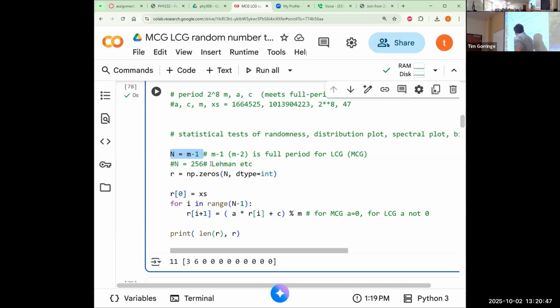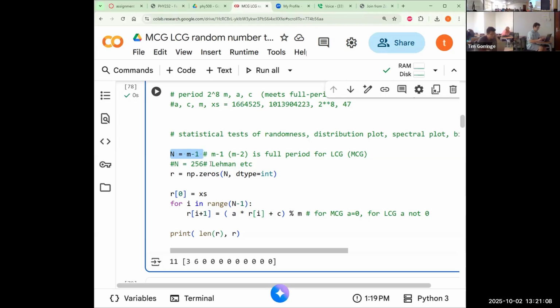Then I'm going to calculate the numbers in the sequence with the MCG recursion relation. I've got a loop over the numbers that I need, and I'm going to walk through that loop and calculate the next random number.